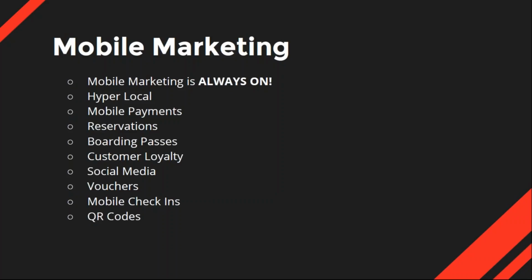Use it for reservations, boarding passes, those sorts of things. I used one when I flew last, so I didn't need to print off boarding passes, just scan it when you're getting on the aircraft. Customer loyalty, so replacing or in addition to loyalty stamps, you can do QR check-ins and even location-based check-ins, a bit like you've physically been to that place, so you unlock special rewards.